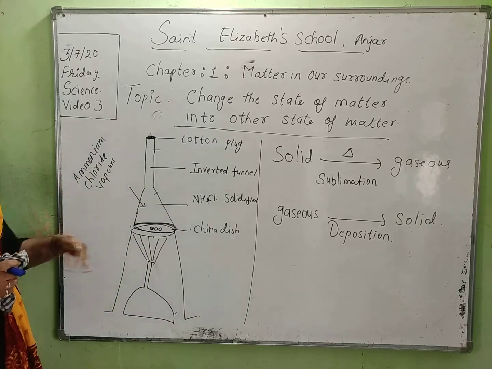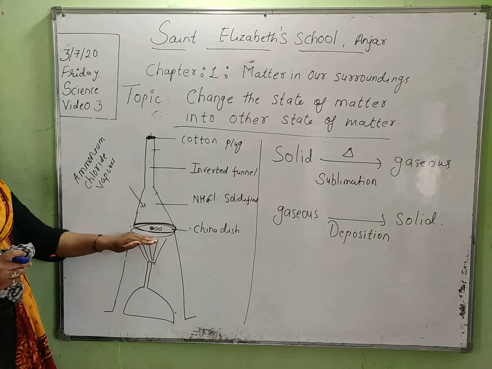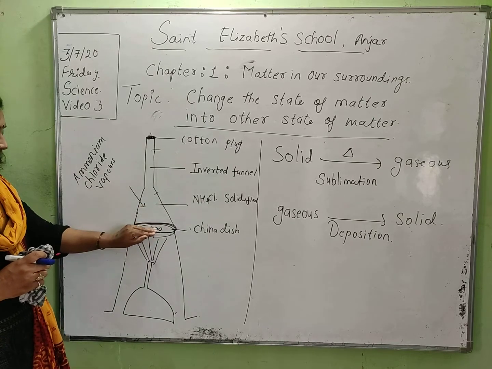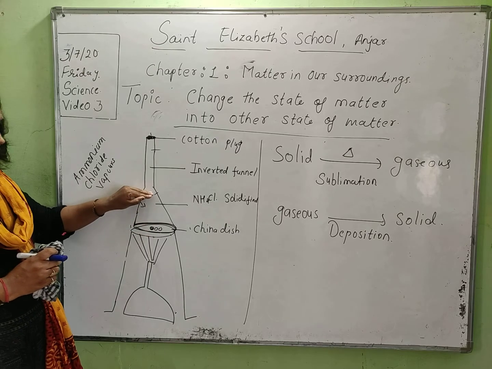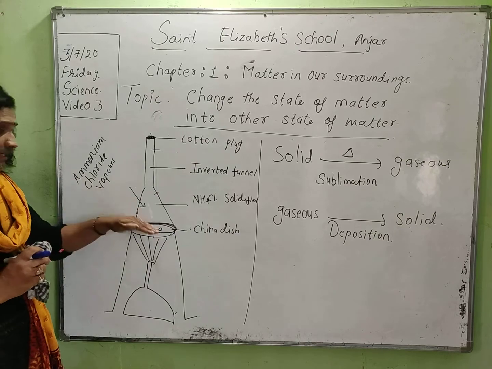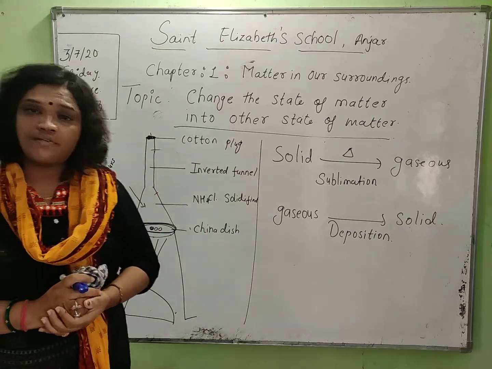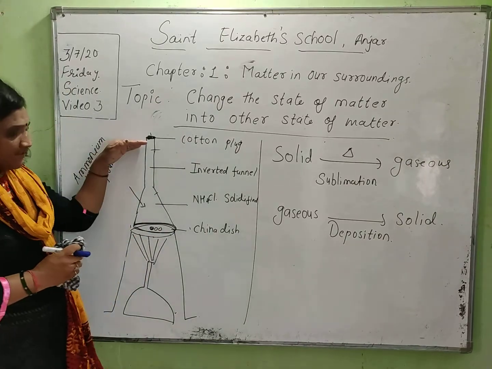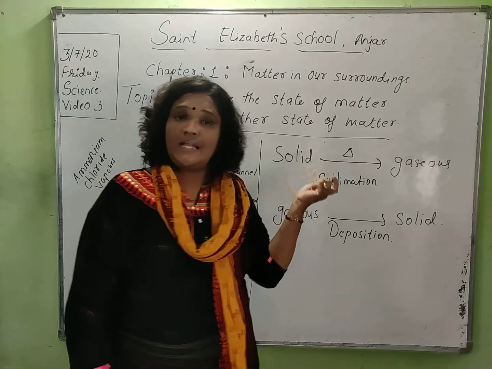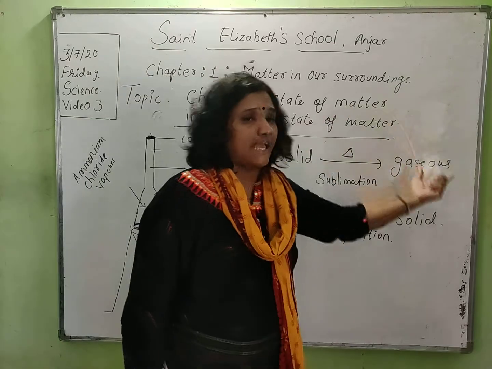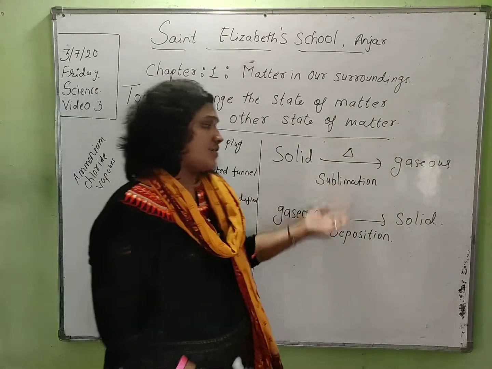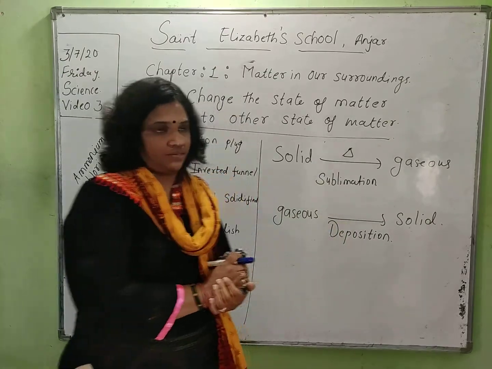What did we observe? When you give heat to the camphor or ammonium chloride, slowly it starts melting, but liquid droplets are not observed, as it directly converts into the gaseous form. This process, in which there is no liquid and the solid goes directly to the gaseous form, is known as sublimation.